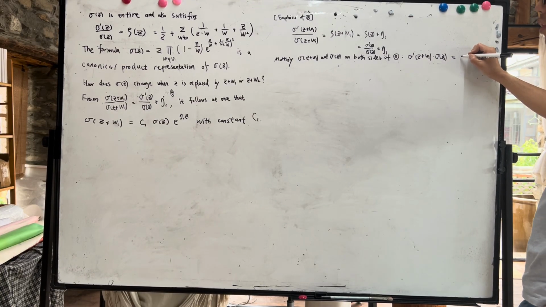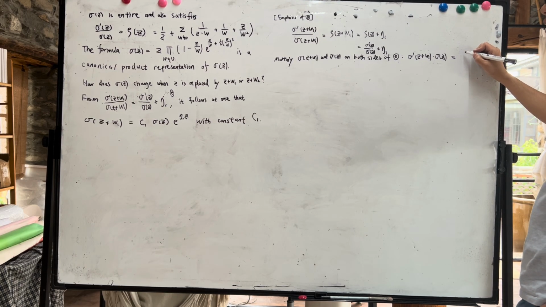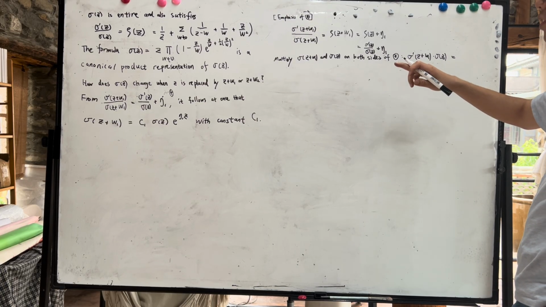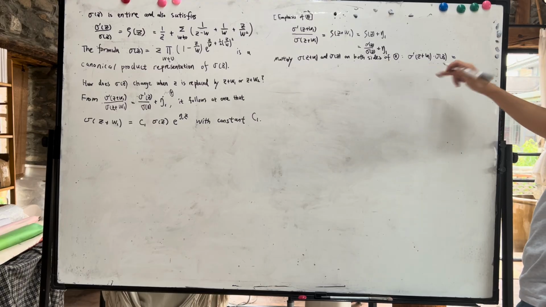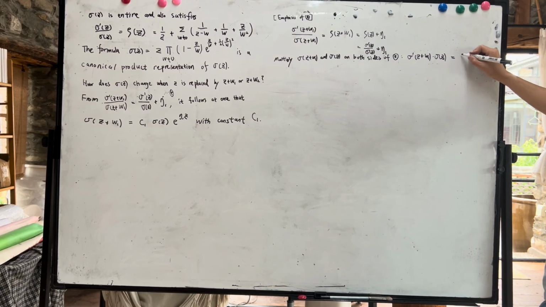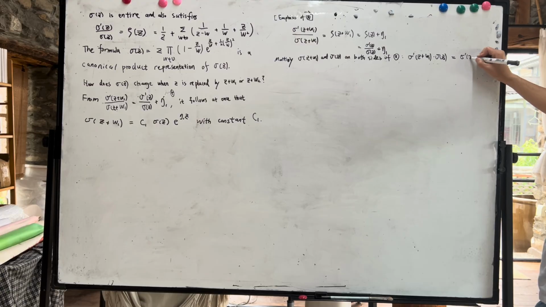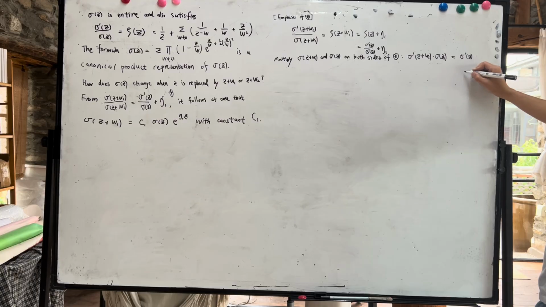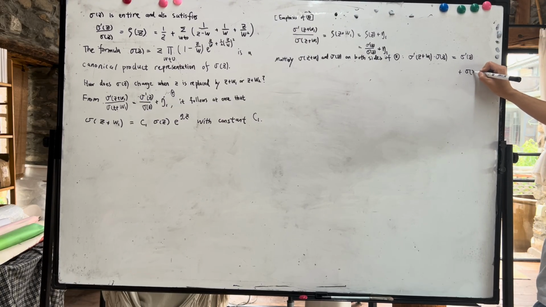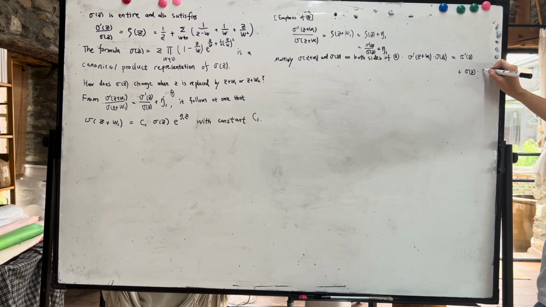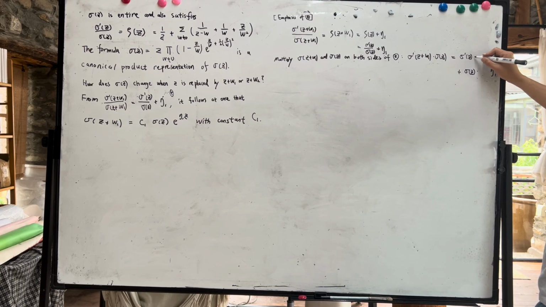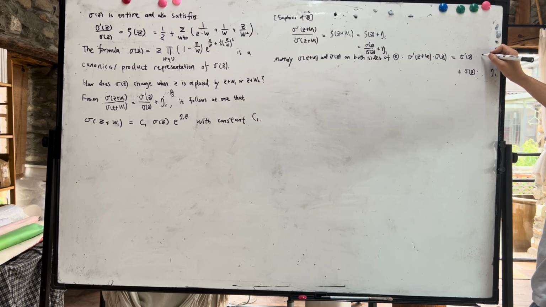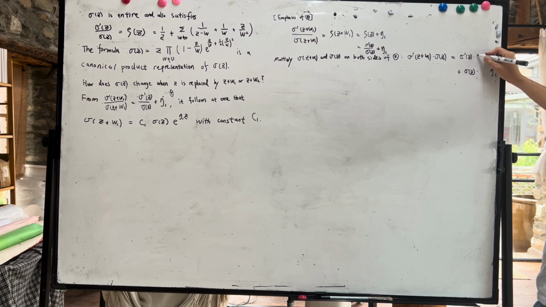For the right hand side, first I multiply by sigma z, so what I get is exactly this one, plus sigma z times eta 1. And then I multiply by sigma of z plus w1.